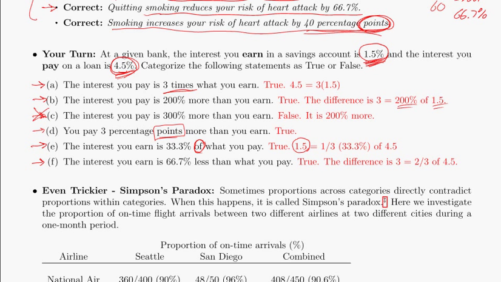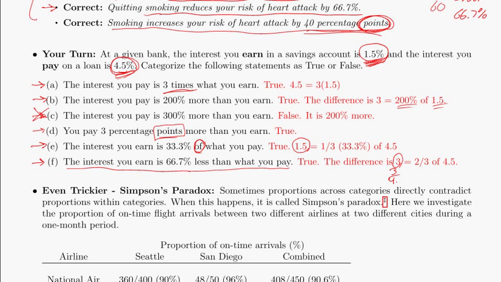So we go to this one. The interest you earn is 66.7% less than what you pay, right? And here we're looking at a percent change, and the difference is 3, and if you look at 3 over 4.5, that is actually 2/3, all right?